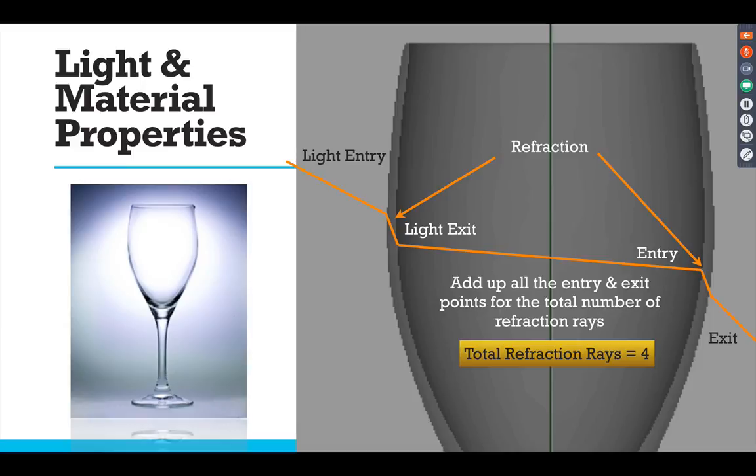So, we set this material up to behave like it would in the physical real world. We give it what's called an index of refraction number, which in the case of glass would be 1.52. That number means that when a light ray hits it, it will bend accordingly.